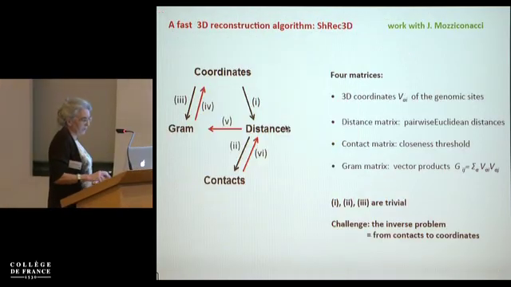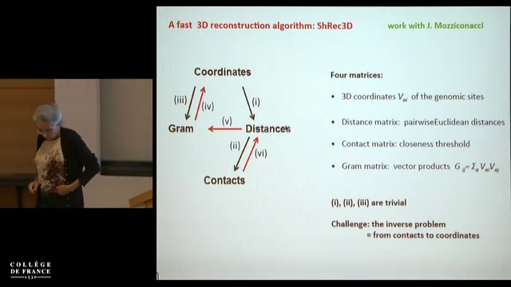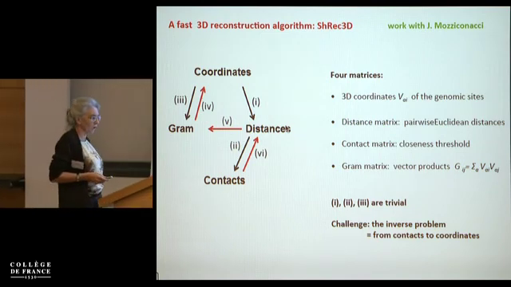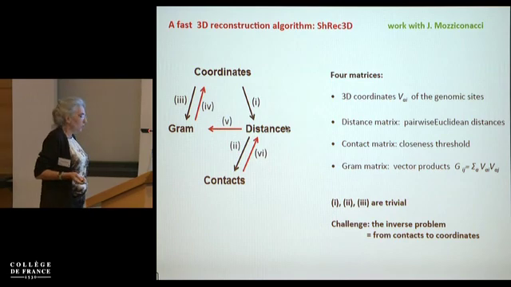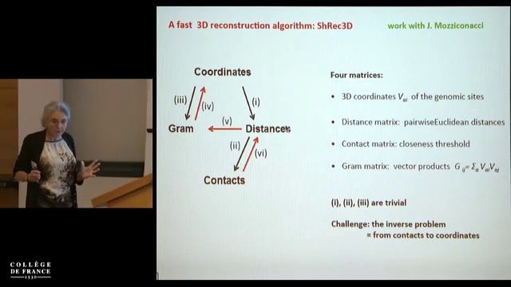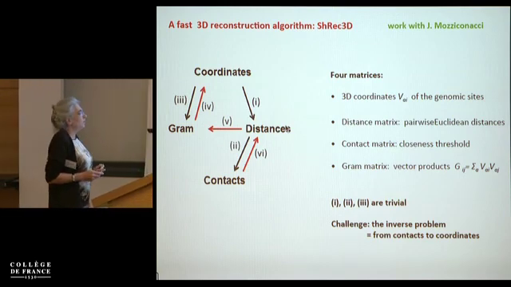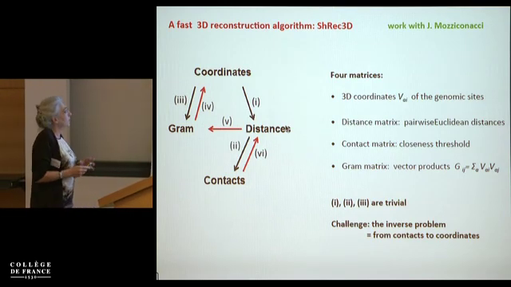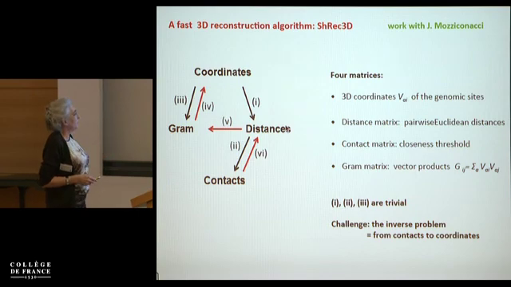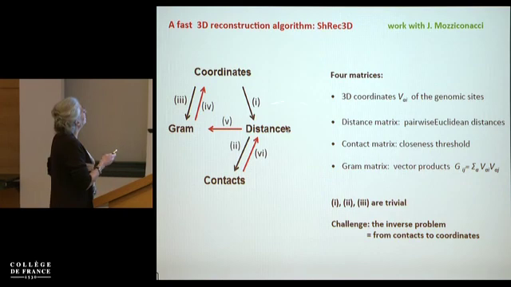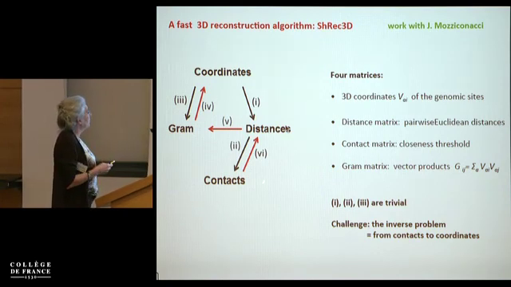This is a huge challenge, and we proposed an algorithm to do this reconstruction. That is, to extract the 3D coordinates, the shape in space of the genome, from the knowledge of these contact maps. So just to be specific, you have 4 matrices involved in this problem.